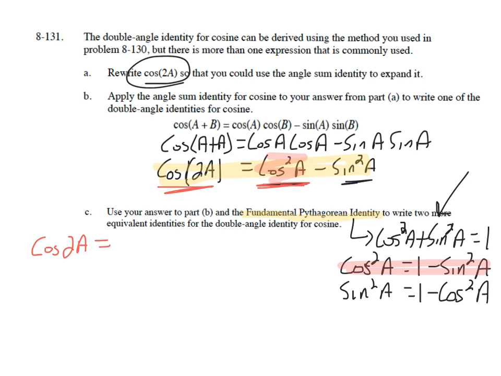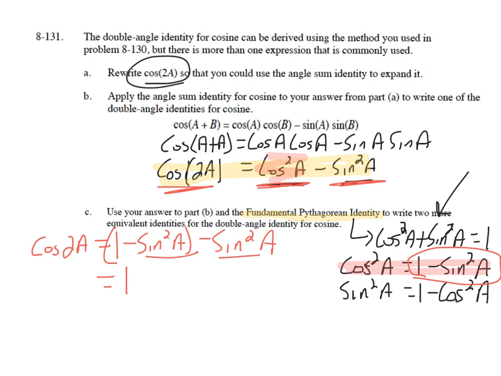Now I'm going to replace this with 1 minus sine squared a. Now I still have a minus sine squared a. So then I'll minus another sine squared a. That gives me 1, and I've got 2 minus sine squareds. So minus 2 sine squared a is the same as the cosine of 2a.